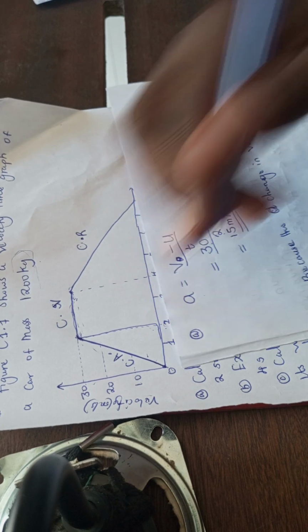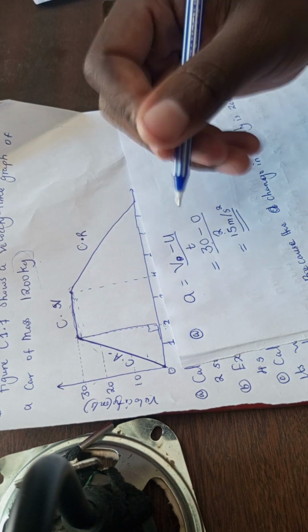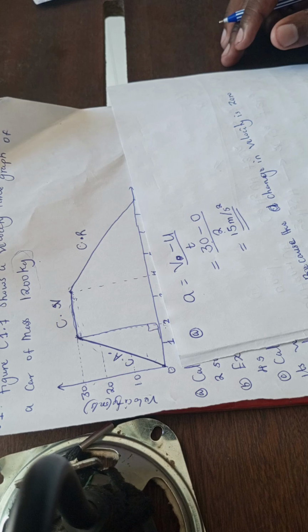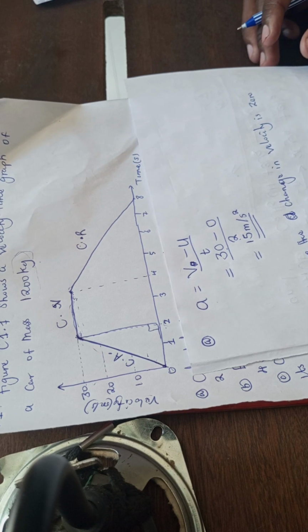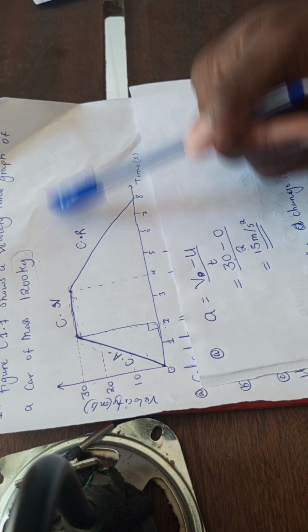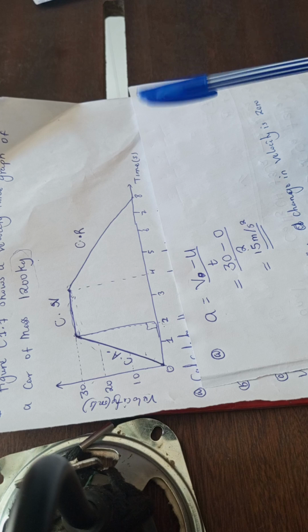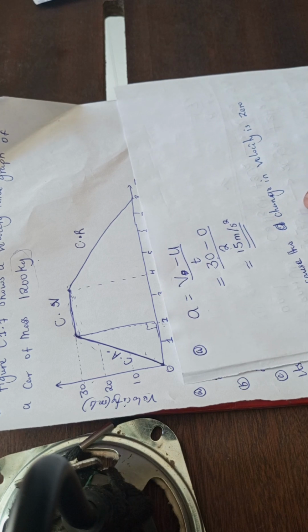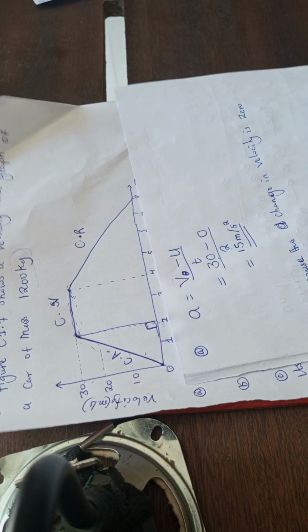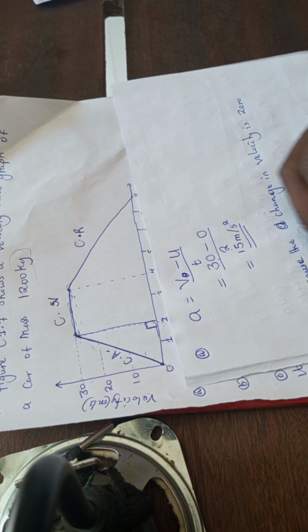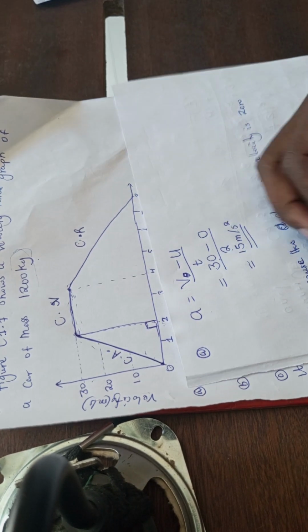So we're going to use the shape here. Whenever you want to find the displacement or the distance moved by a car or an object based on the velocity time graph, we take the shape portrayed with respect to the motion of the car. This is the area of a triangle.